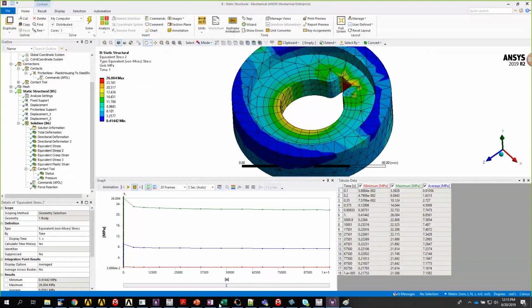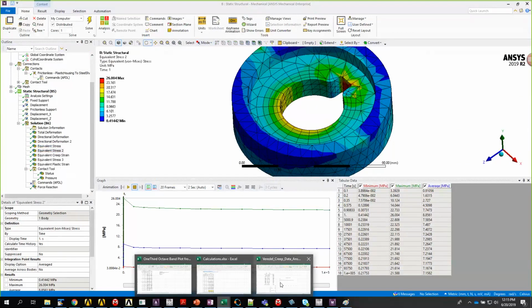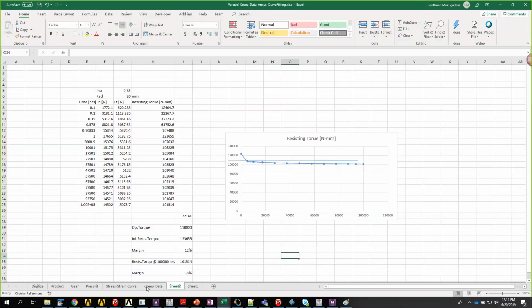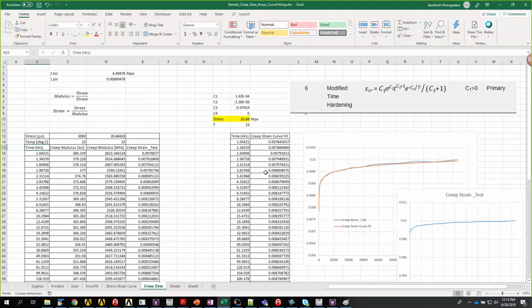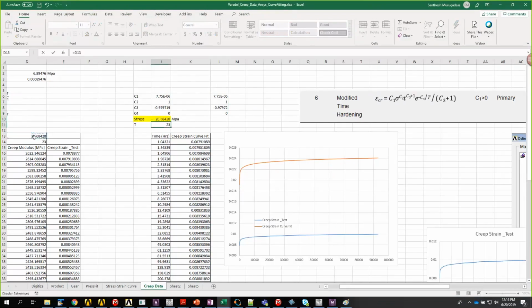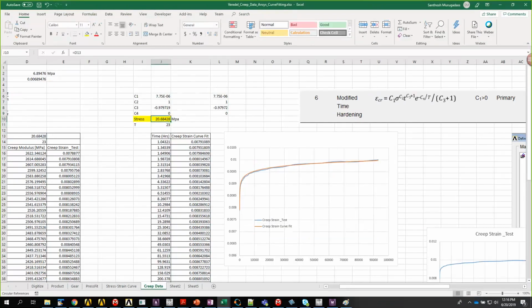It's around 26 MPa. And another important point, I think it's worth highlighting this. Now look at 20.6 MPa. They are matching. If the stress levels are coming down, let's say from 20.6 to 15, now that particular node will obey this particular curve, not the stress strain curve, the time versus creep curve.